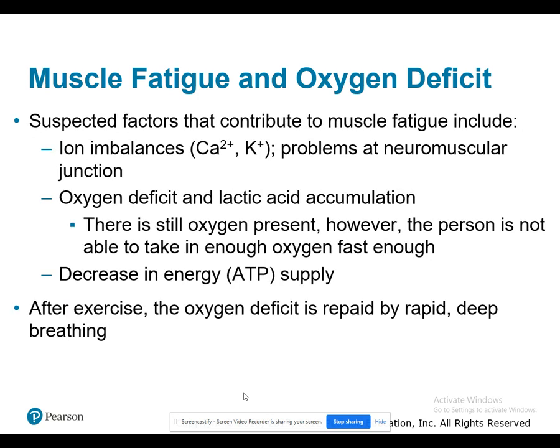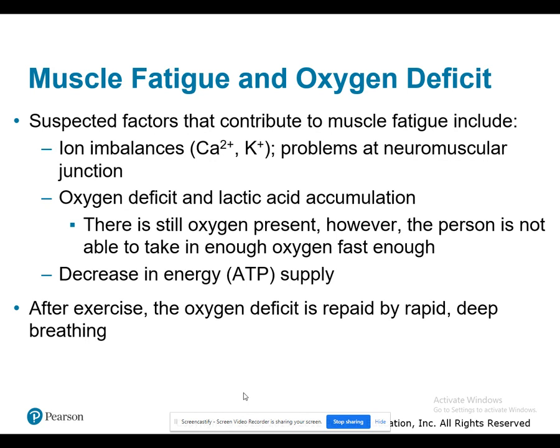So suspected factors that contribute to muscle fatigue are ion imbalances. So there's not enough calcium and potassium, and so it's not firing at these neuromuscular junctions that we've learned about. There's also an oxygen deficit, which means there's not enough oxygen to start making ATP.